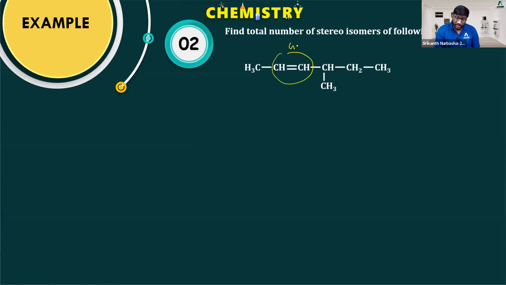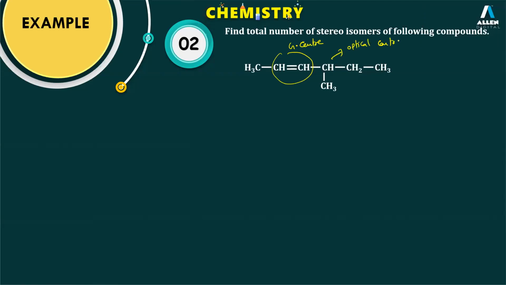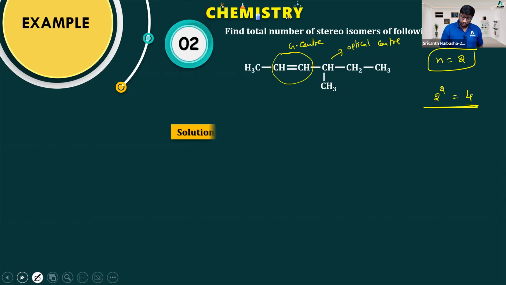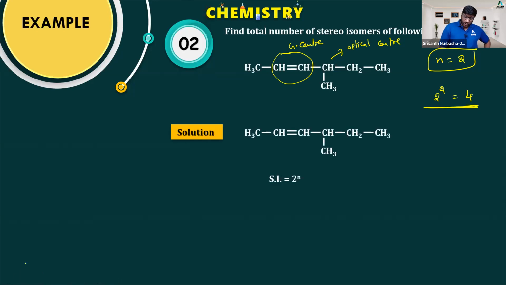This is the optical center. So n is how much? n is equal to 2. What is the number of stereoisomers? 2 power 2, that will be 4. Stereoisomers will be 2 power n because it is unsymmetrical, and the number of geometrical centers plus optical centers is equal to 2. So you can simply write that the total number of stereoisomers will be 4.